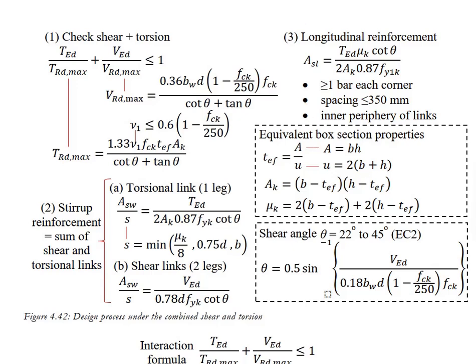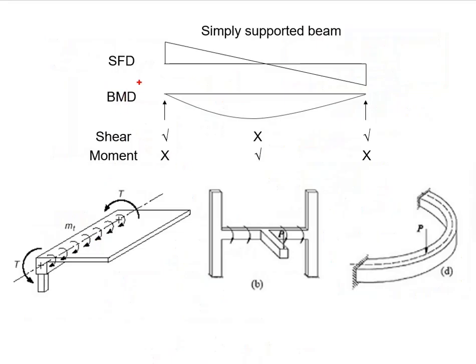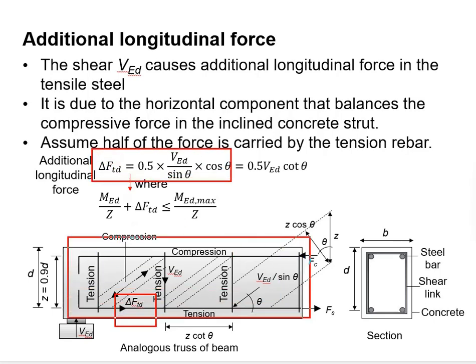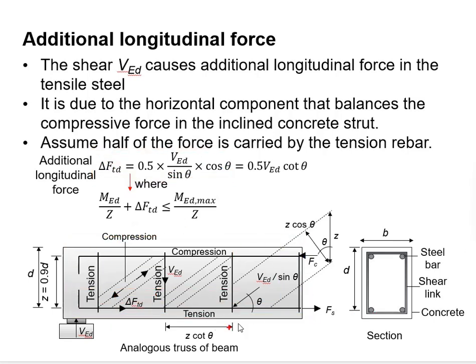Now, the third step would be designing the longitudinal reinforcement. Although at the support you do not have any moment, theoretically you do not need any reinforcement at the support. However, due to the shear reinforcement, there will be additional longitudinal force due to the strut model here. You will need to provide a sufficient amount of reinforcement to deal with this additional longitudinal force caused by the shear load.